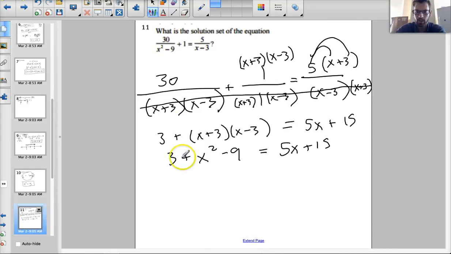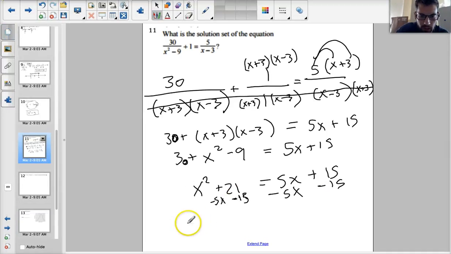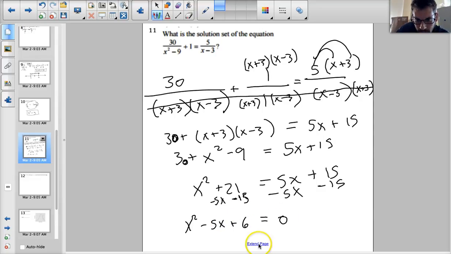Because it's a quadratic, I want to combine my like terms and get everything on one side. Oh, this is a 30, not a 3. So I have this 30 and this negative 9, so that gives me x squared plus 21 equals 5x plus 15. I'll subtract both 5x and 15 from both sides. So when I subtract and bring everything down, I'm going to have x squared minus 5x plus 6 equals 0.